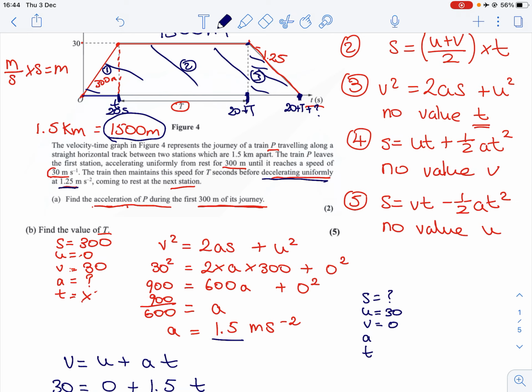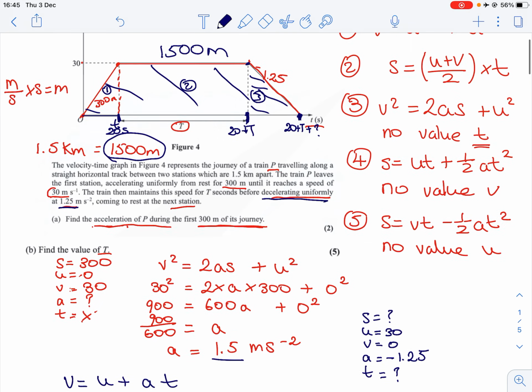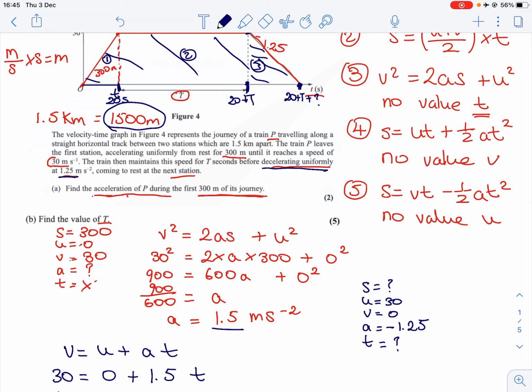So in mechanics, when it's decelerating, it's negative 1.25. And I want to find out my t. Again, we can just use our first equation, v equals u plus at, to find out our time.